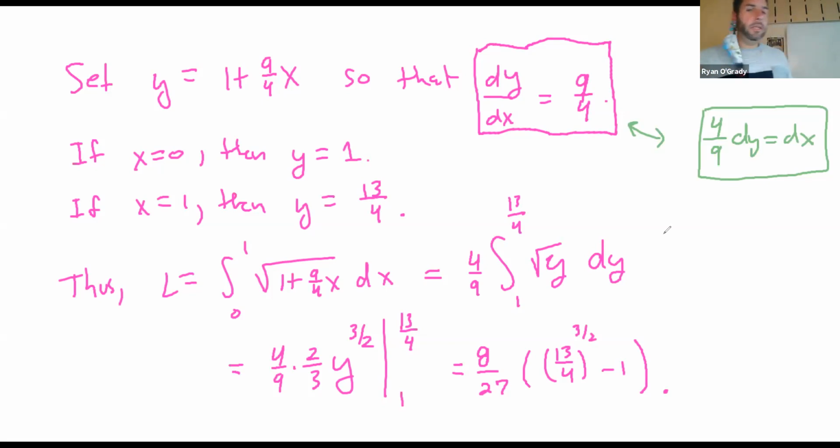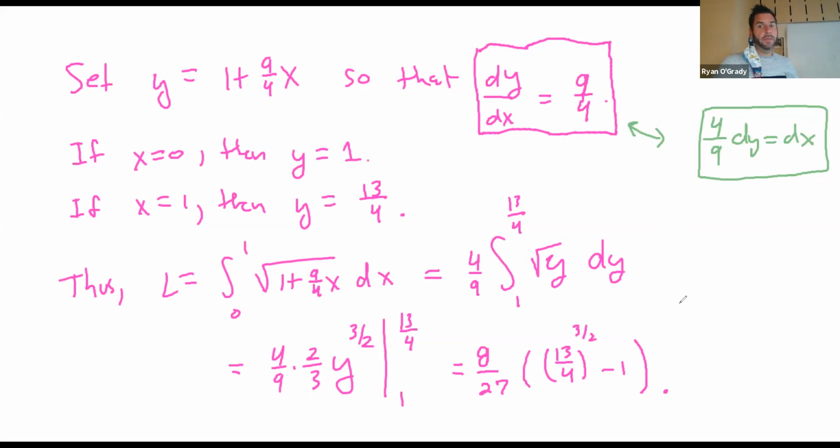By the way, it's not hard to simplify. One of the things that you guys should be able to do is simple numerical things. Look, 4 to the 3/2 is not hard to do in your head. That's the number 8. 4 to the 3/2 is the same thing as 2 to the 3rd, which is 8. And what's 13 to the 3/2?